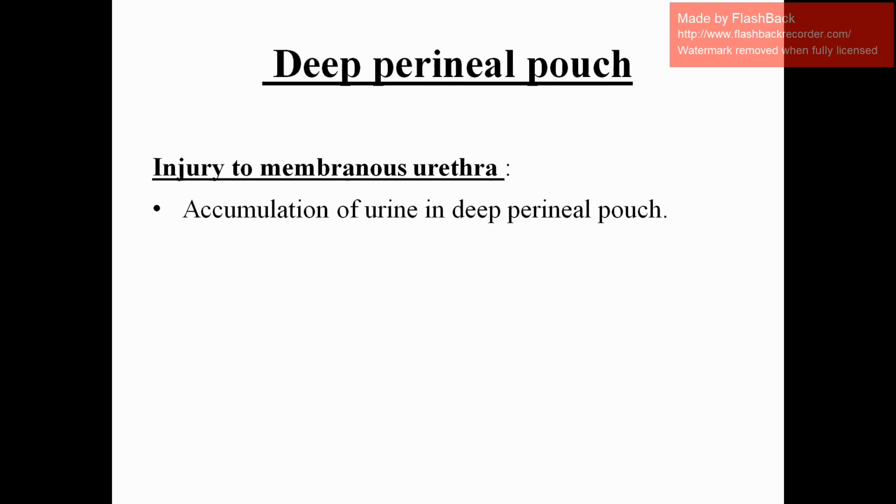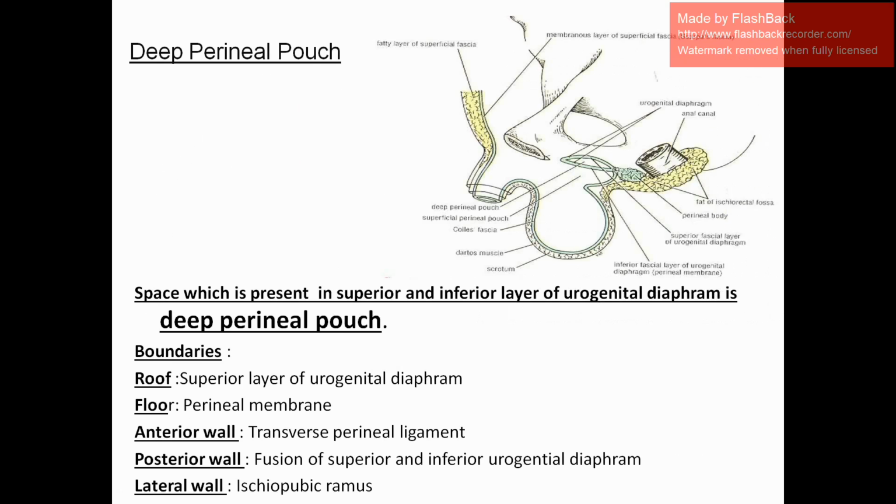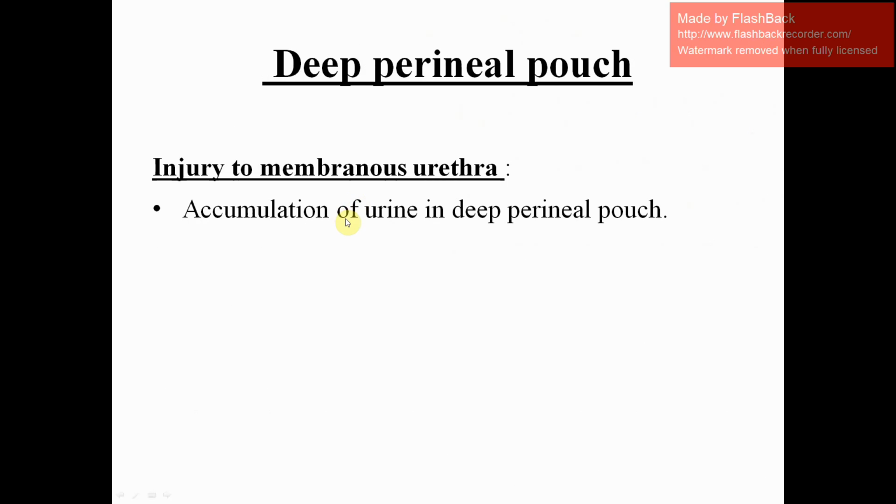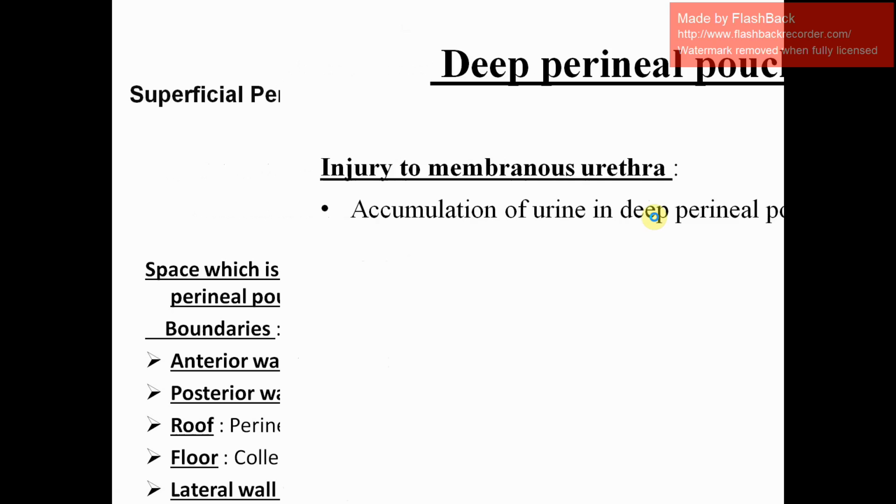If there is an injury to the membranous urethra, which lies in the deep perineal pouch, then accumulation of urine in the deep perineal pouch occurs.